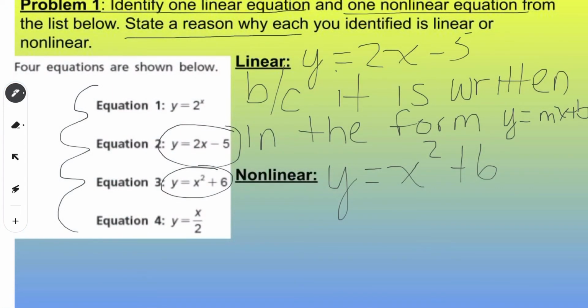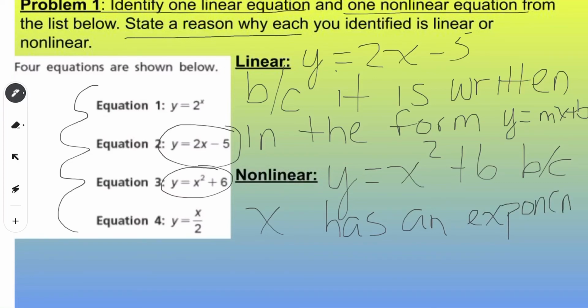So y equals x squared plus 6 is not linear because x has an exponent of 2. And since it has an exponent of 2, it is not written in the form y equals mx plus b. Therefore, it is not a linear equation.